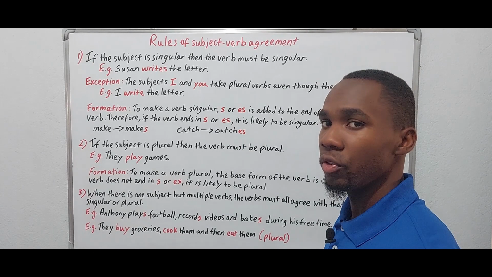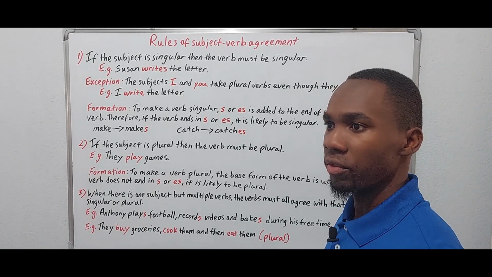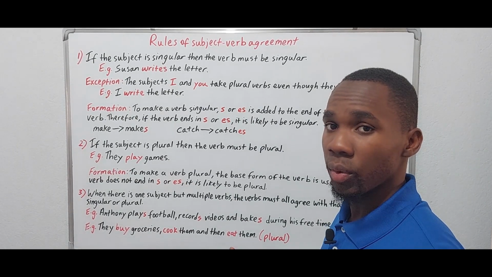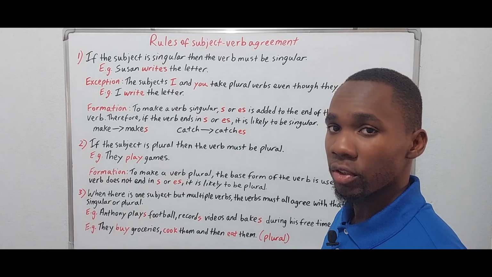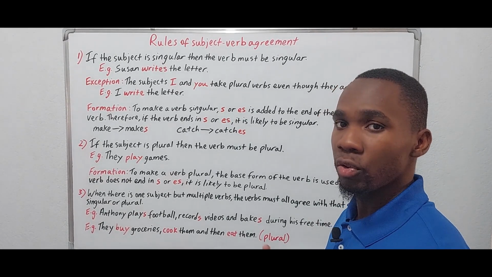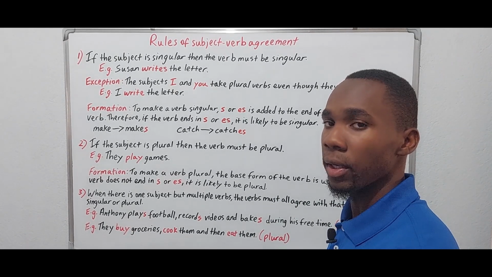Now I'm sure many of you will say to yourselves, subject-verb agreement: a singular subject requires a singular verb, and a plural subject requires a plural verb, right? Simple. Yes, those are the two most basic rules when it comes to this topic.